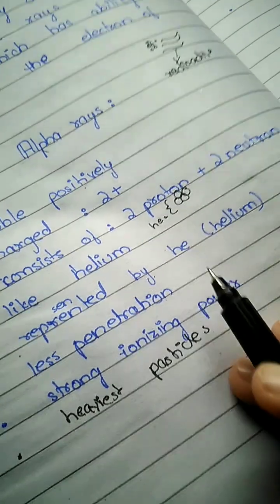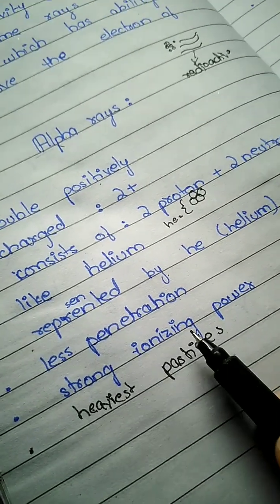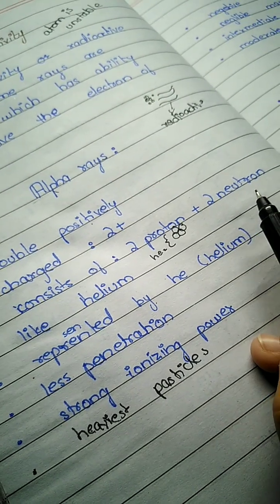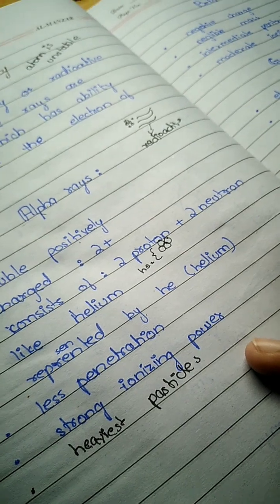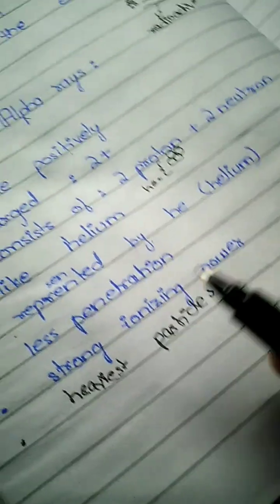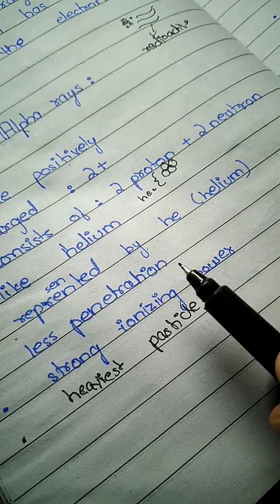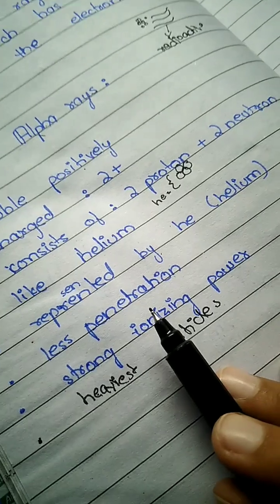Why am I saying they are highly ionizing rays? It has a strong ionizing power because it has mass and charge larger or bigger than the beta and the gamma rays. It has a strong ionizing power and less penetration. We're going to talk about the penetration later.